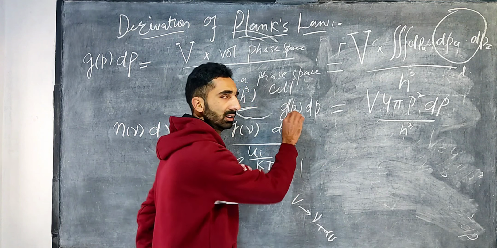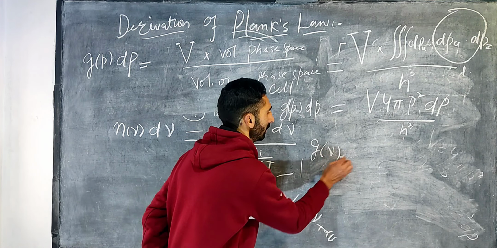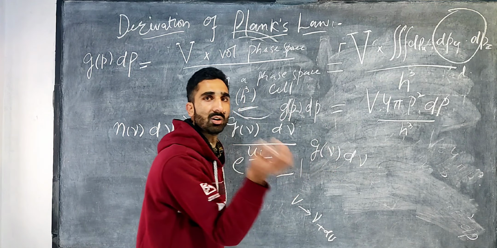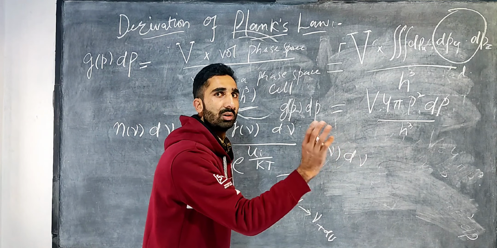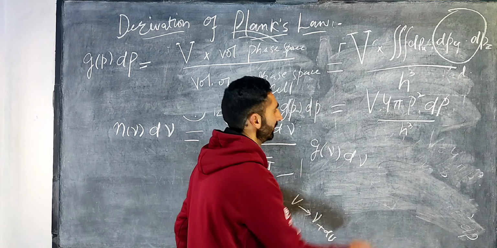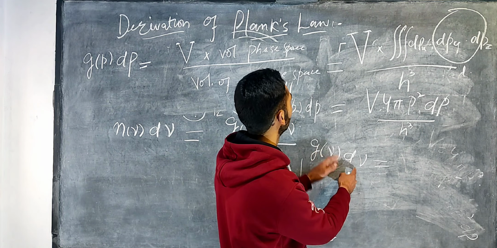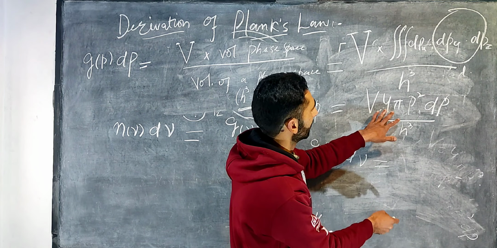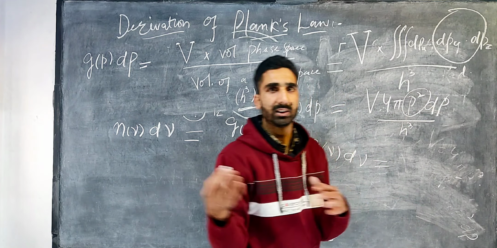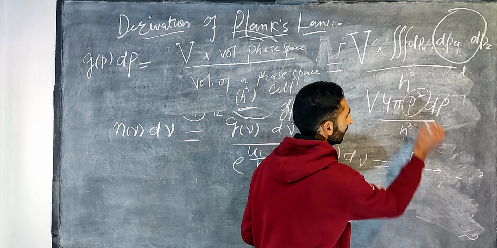Then the number of phase space cells in that range will be equal to g(nu) d nu, that is the number of phase space cells within the range of nu to nu plus d nu. But here we are getting the momentum. We have to convert the function of p into a function of nu.